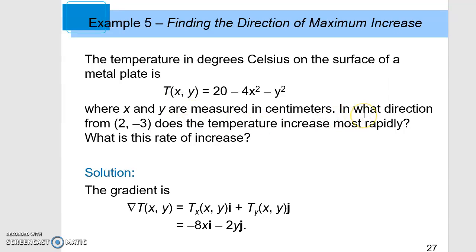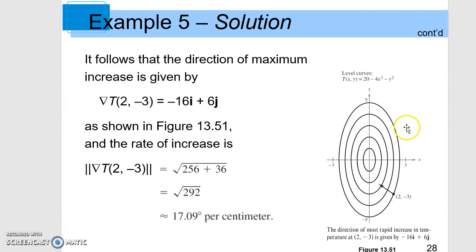So the question asks, in what direction must you move, starting at (2, -3), for the temperature to increase most rapidly? And at that time, what is the rate of increase? This is the level curve of the function T of x, y equals 20 minus 4x squared minus y squared.